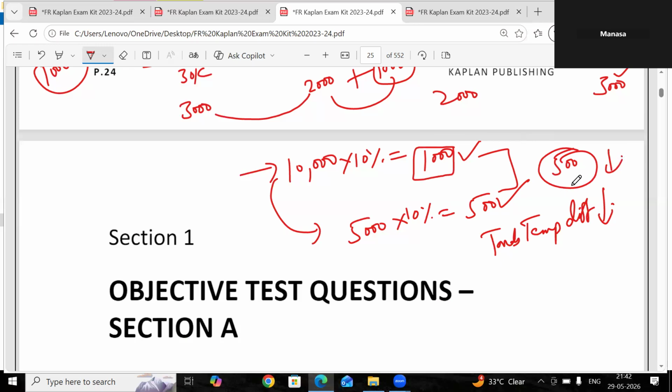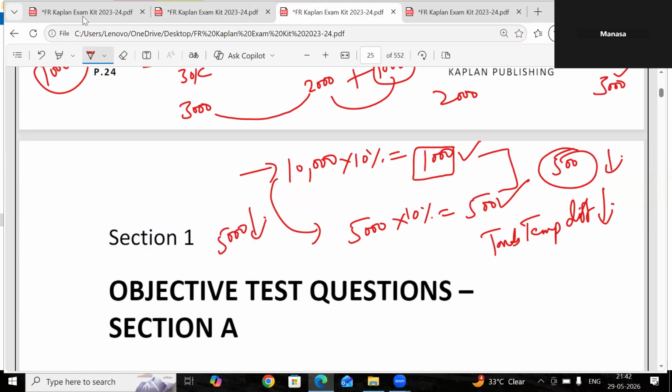So my taxable temporary difference has reduced from 10,000 to 5,000, and that 5,000 less makes me pay 500 less tax. This I need to adjust in the current year tax expense, or not? I need to adjust. So I will do that.